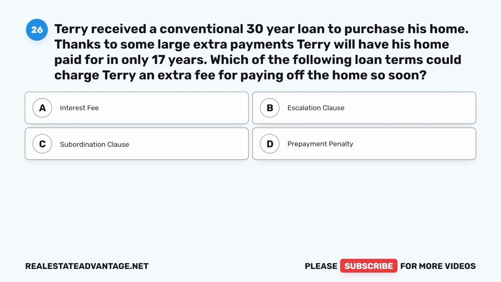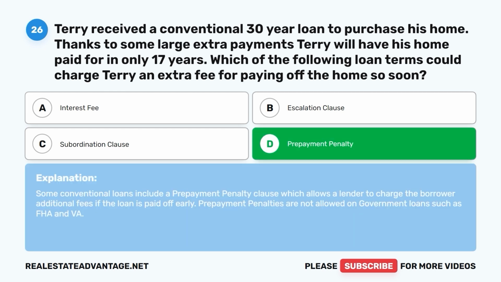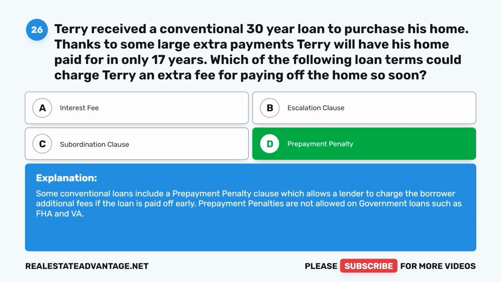D. Prepayment penalty. The correct answer is D. Prepayment penalty. Some conventional loans include a prepayment penalty clause, which allows a lender to charge the borrower additional fees if the loan is paid off early. Prepayment penalties are not allowed on government loans such as FHA and VA.